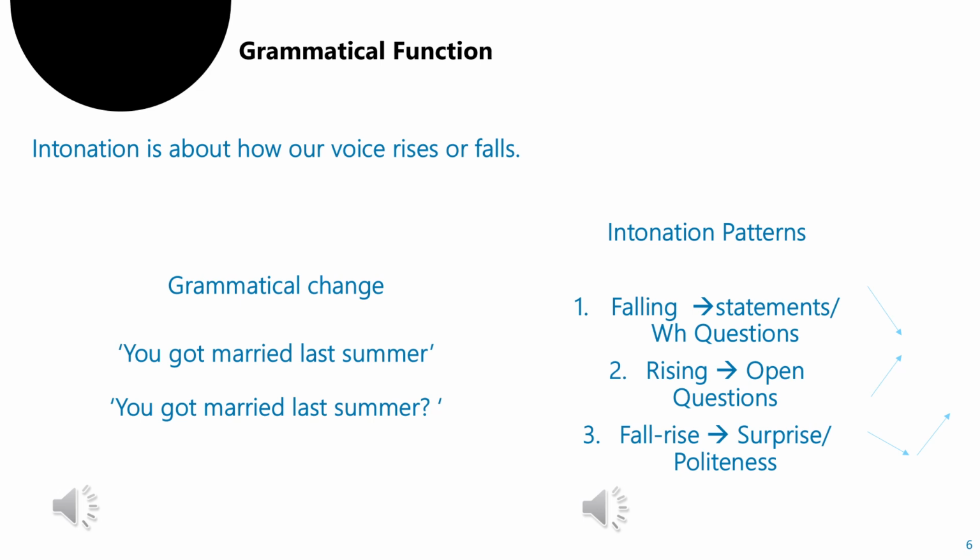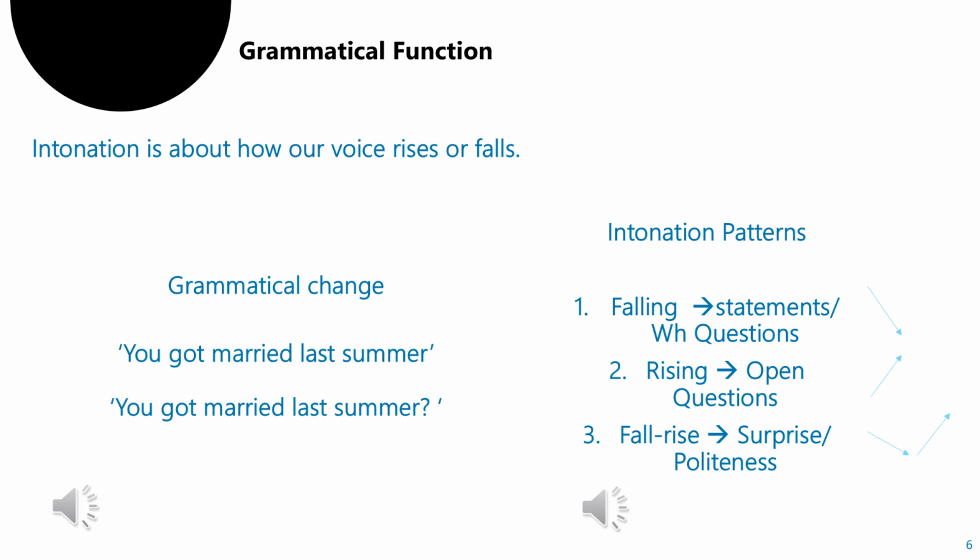But before speaking of intonation patterns, let's take the next sentence as an example. If I say, "You got married last summer," I am using a falling pitch, and I am using it to state a fact. But if I say, "You got married last summer?" notice how I am expressing a bit of surprise and questioning in the way I am speaking.